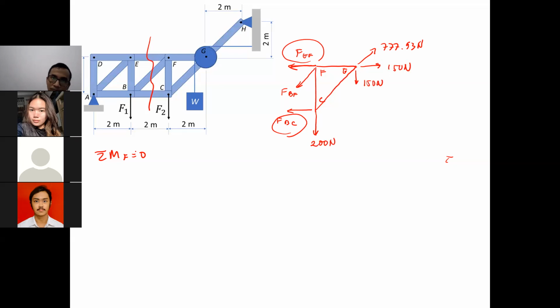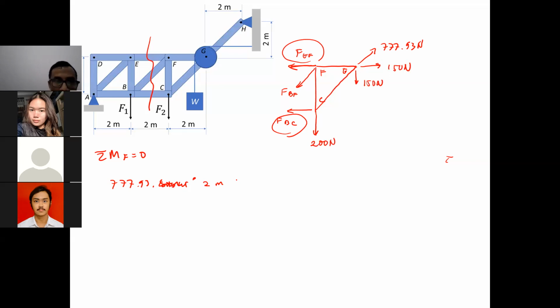Sigma moment F. We have, oh, there's a lot. We have FGH 777. Yeah, 777, but that one is better for us to divide by 2. So we have 777.93 cos 45 degrees multiplied by sin 45 degrees multiplied by 2 meters.